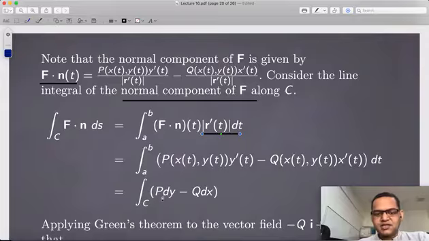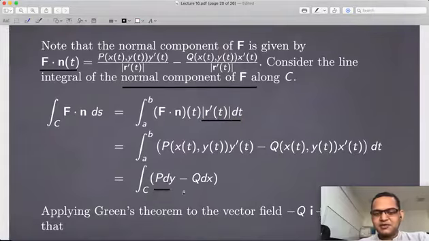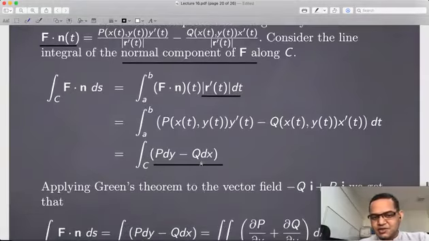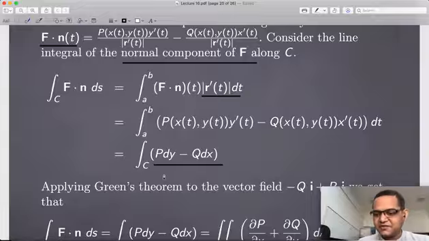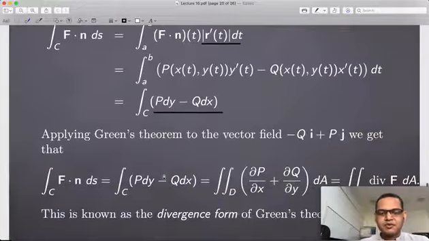So in terms of dx and dy, this is how it is written: this is p and this is dy, and this is q and then this is dx. Okay, so you see there is a small change here. When we integrated the tangential component, we had p dx plus q dy, whereas for the normal component there is a difference over here.